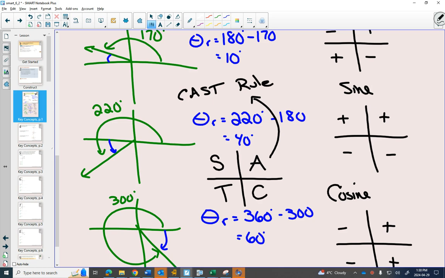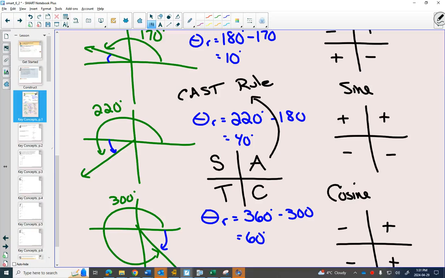Okay? And they call this the CAST rule, because it spells the word CAST, and that's easy to remember. They should call it the ASTC rule, but it doesn't ring as nice, because you should start with quadrant 1. So it got called the CAST rule. I mean, you could probably spell different acts backwards, but then you might get confused with an axe.